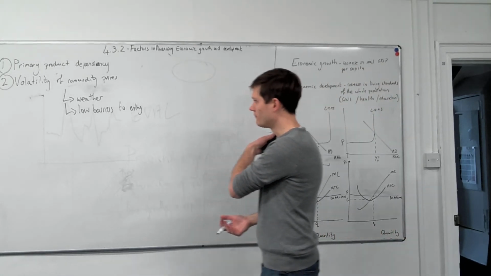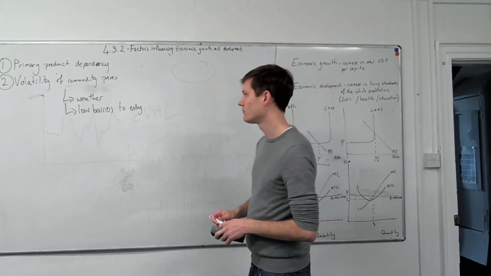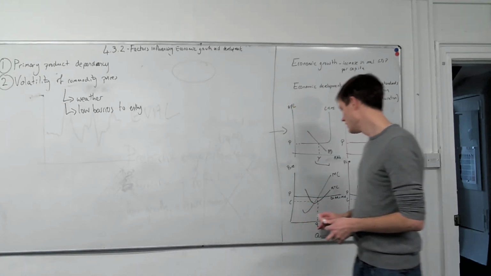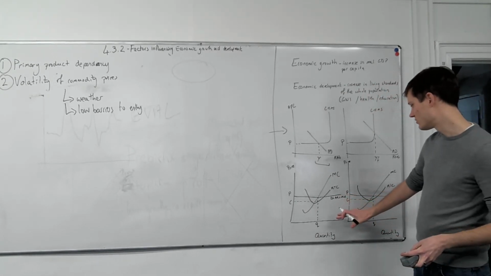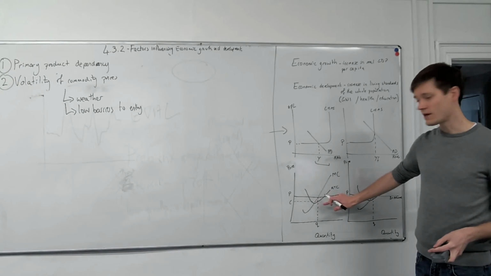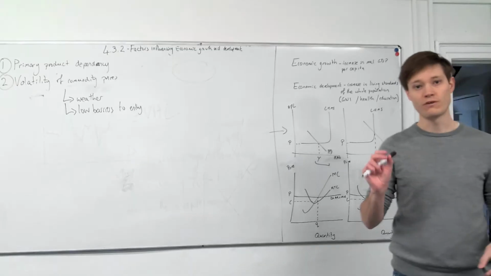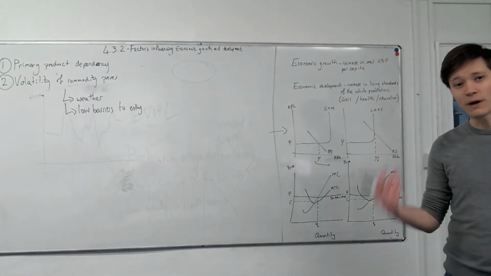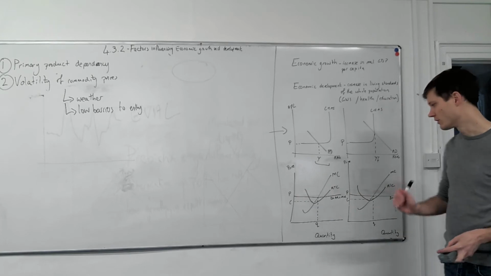Okay, so what problem does that create? Well, as you have volatility, you're likely to see farmers with some significant issues. If we take this diagram over here, I've drawn this in perfect competition because this farmer likely has low barriers to entry, and therefore it's going to have a perfectly elastic demand curve.